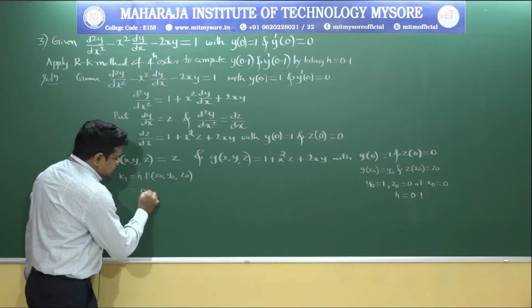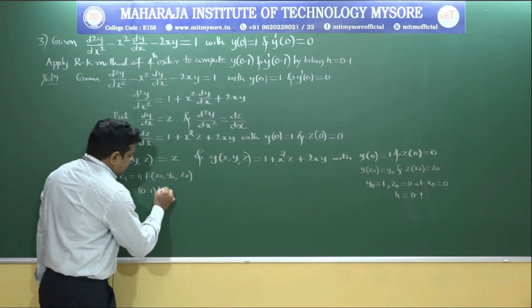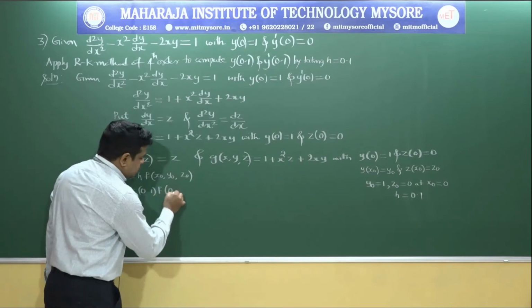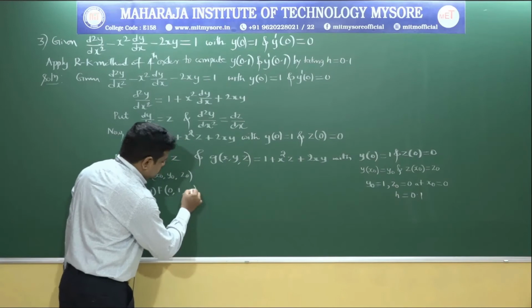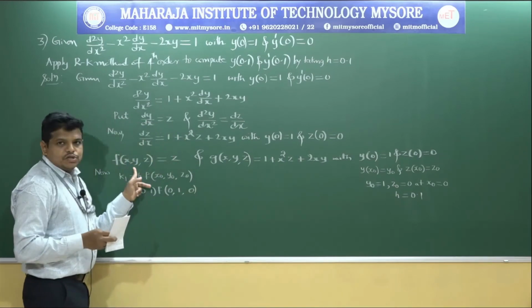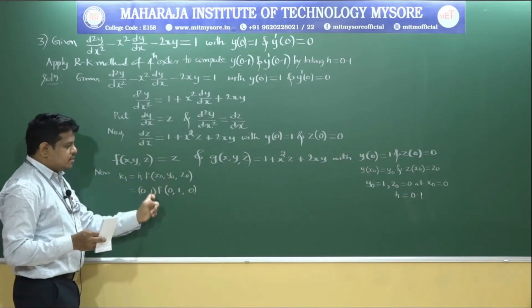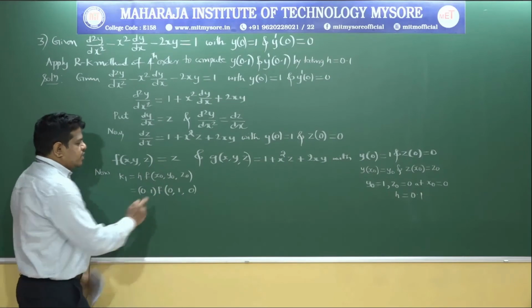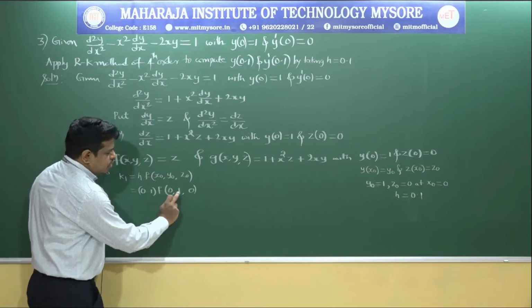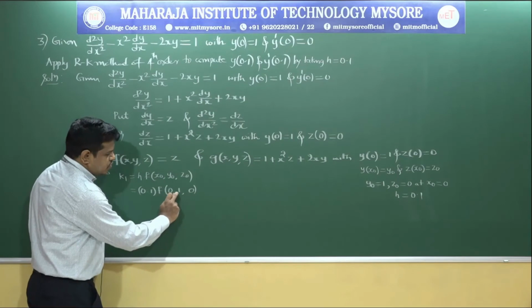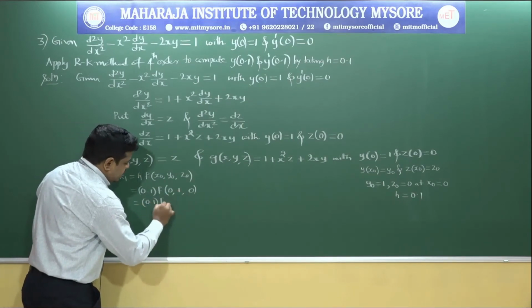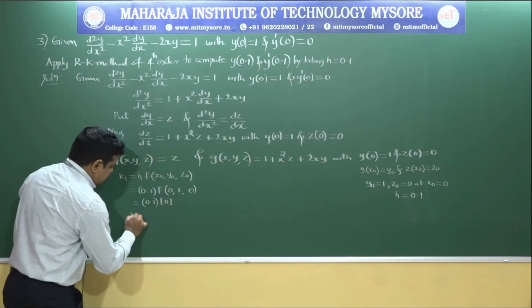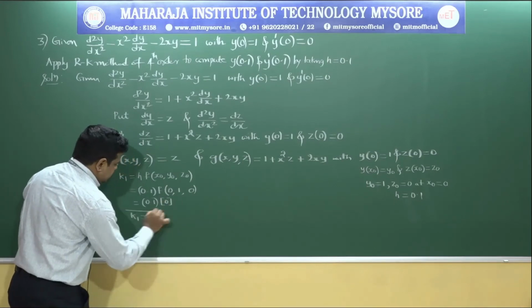Here h value is 0.1, x naught value is 0, y naught value is 1, z naught value is 0. Since f of x comma y comma z is z, we need to replace the value for z. Here x equals 0, y is 1, z value is 0. It is 0.1 into 0. Therefore, we get K1 as 0.